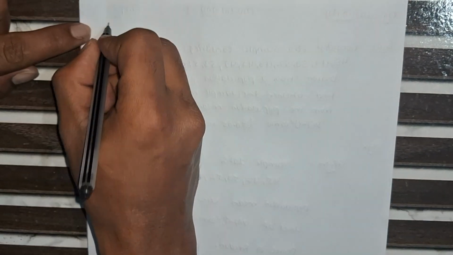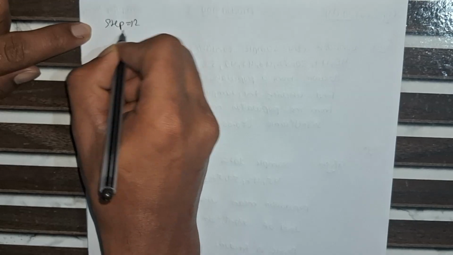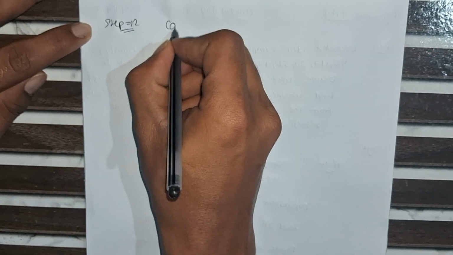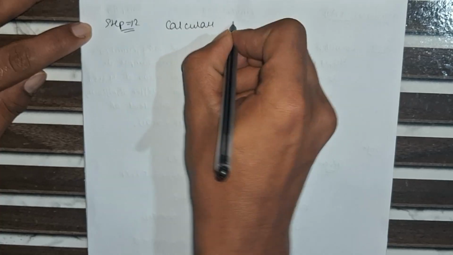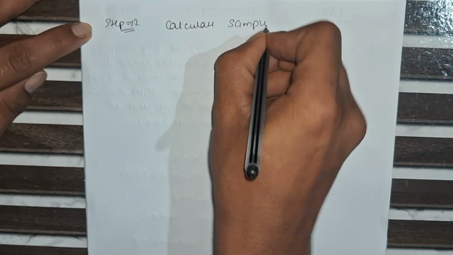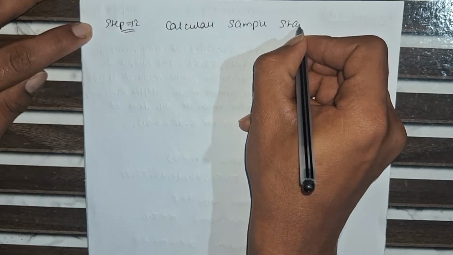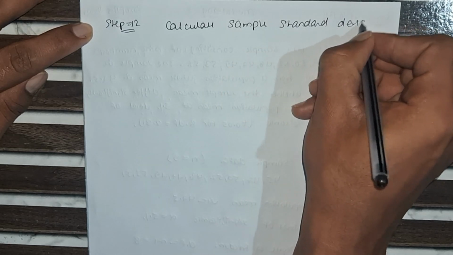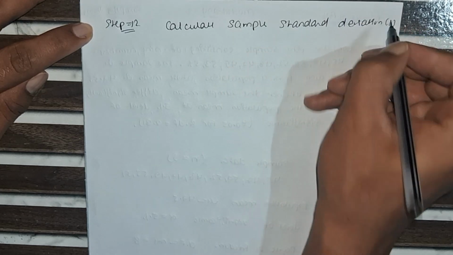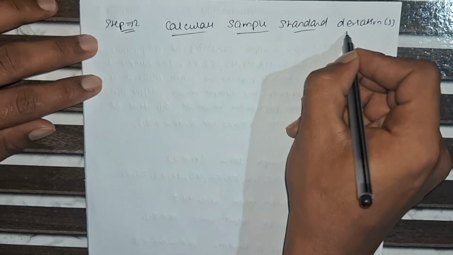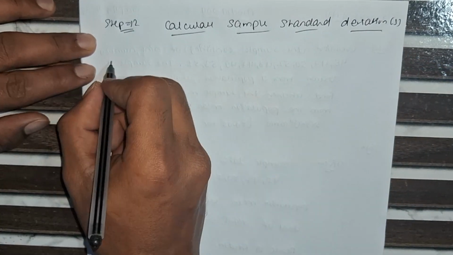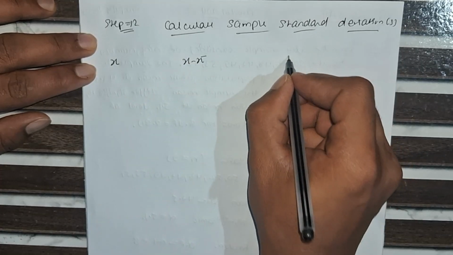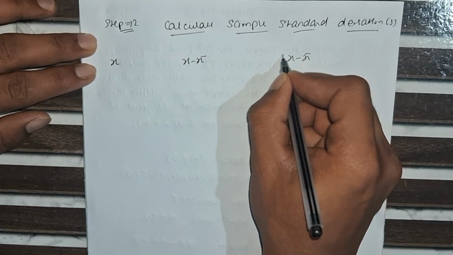Now the second step is to calculate the sample standard deviation, which is S. So how can we calculate it? We need x minus x bar and x minus x bar whole square.